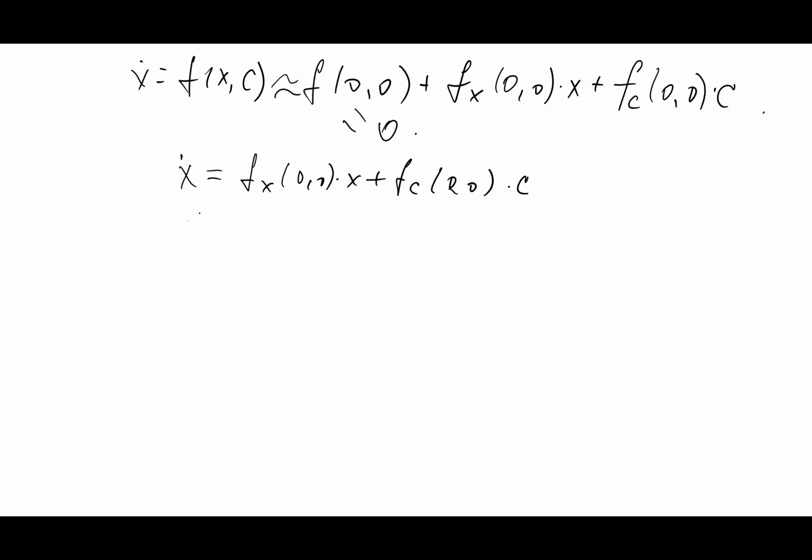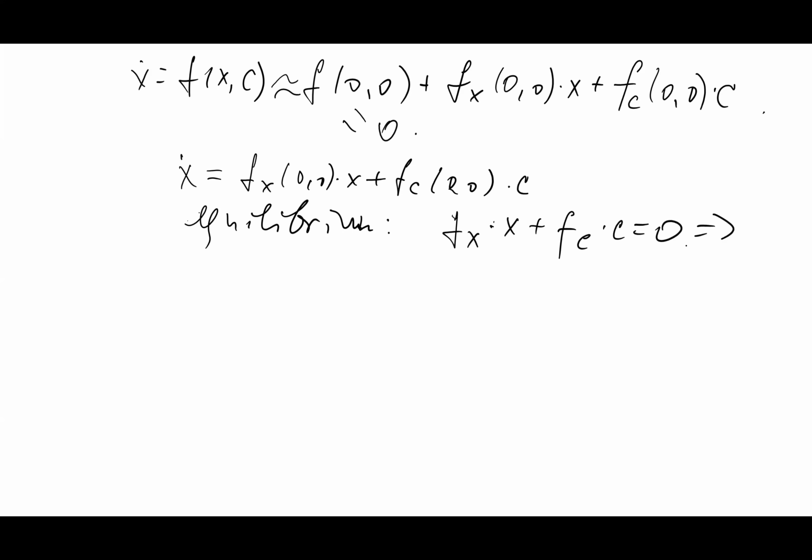And the equilibrium for this is found from the condition that this should be equal to 0. Or we get x equal to minus the derivative of f at 0 with respect to c divided by the derivative over x at 0, 0, times c.